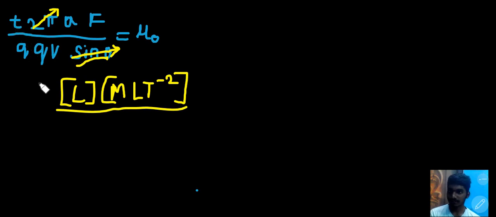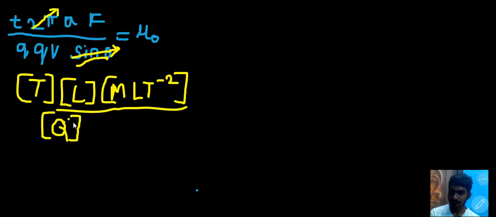So the time goes to the upper side, and charge is represented as q, so q square. The dimension of velocity is L T power minus 1.